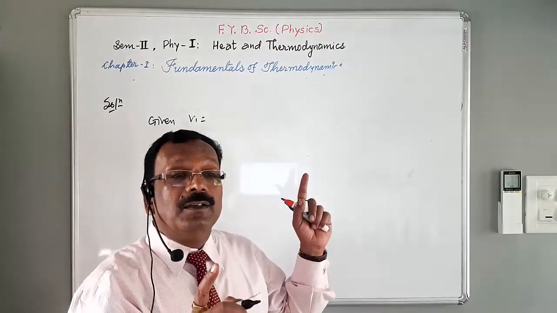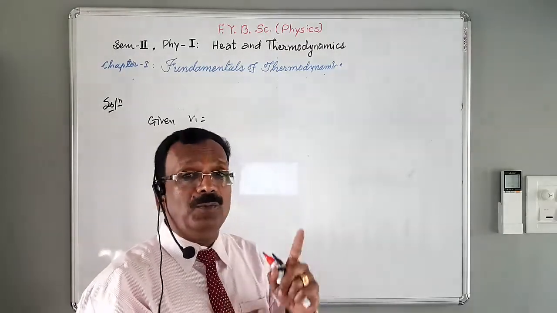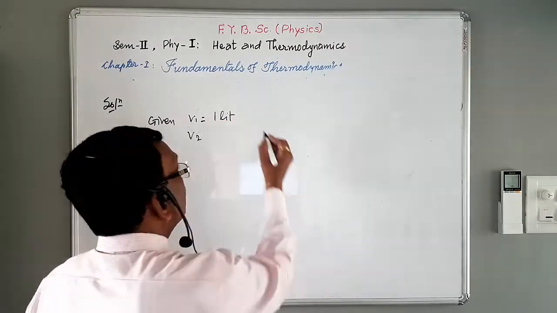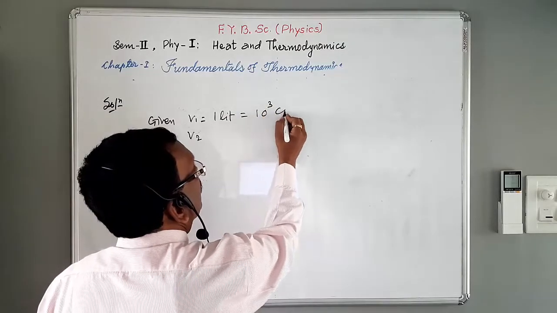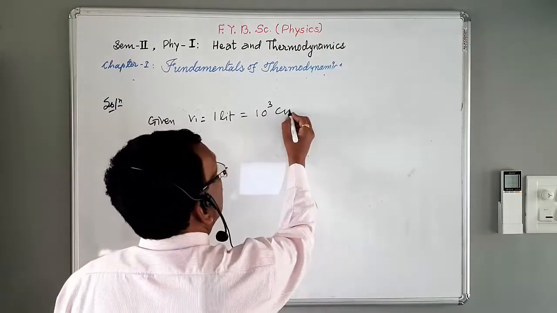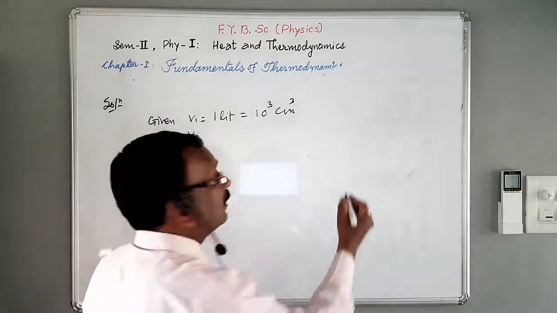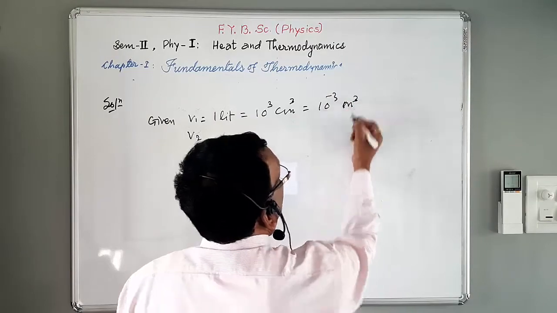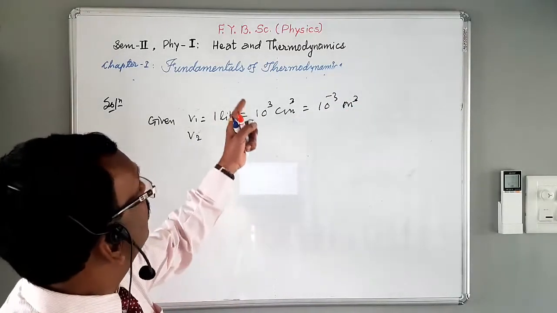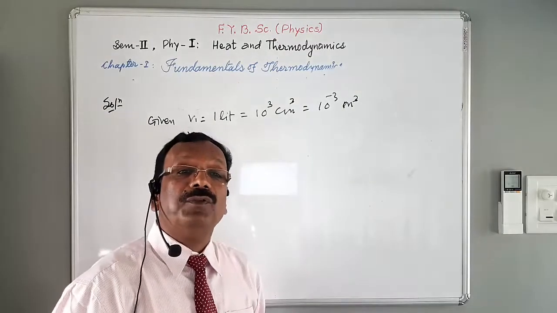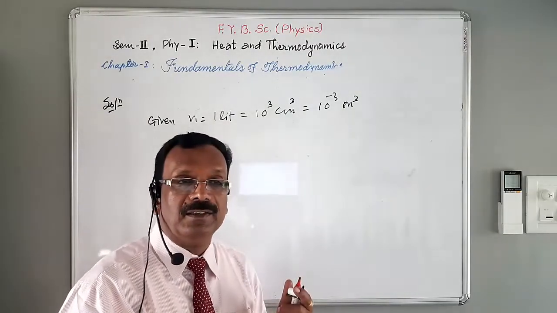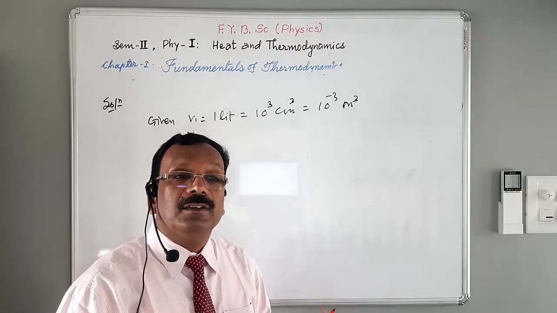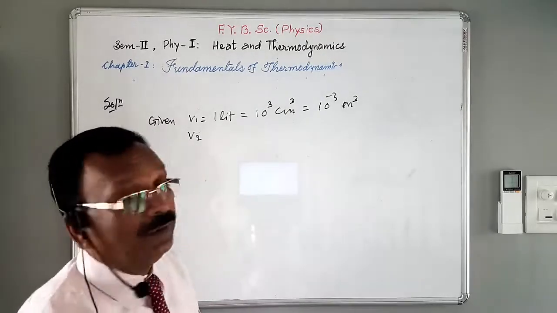Calculate the work done when 1 liter of monoatomic gas, V1 is equal to 1 liter. 1 liter is nothing but 10 raised to 3 cubic centimeter, that means 10 raised to minus 3 cubic meter. We convert this because in the problem 1 liter of a monoatomic perfect gas is compressed at NTP adiabatically to half its original value.